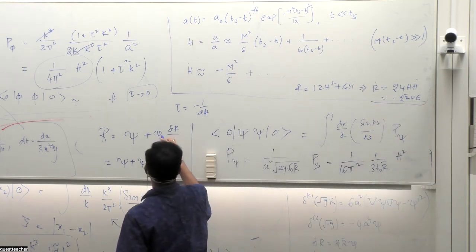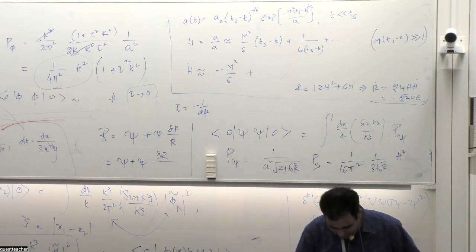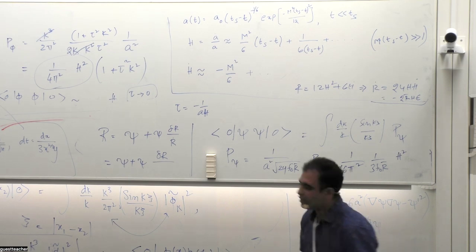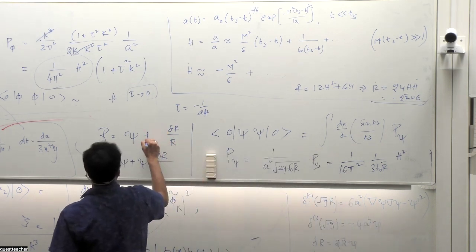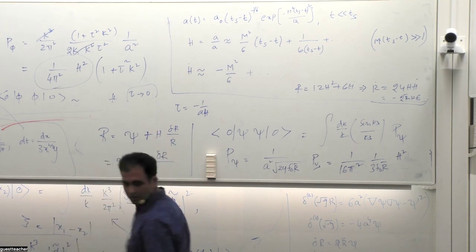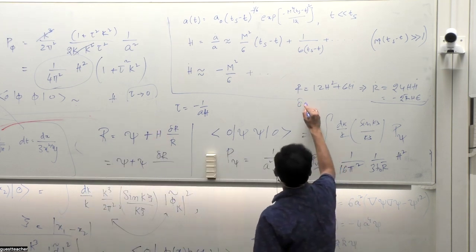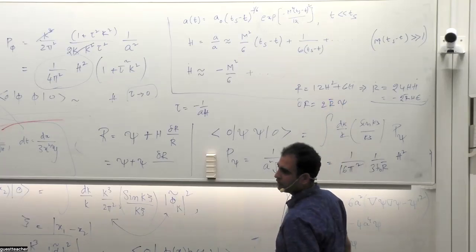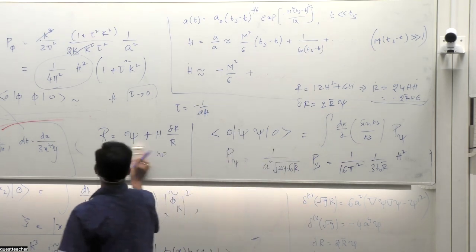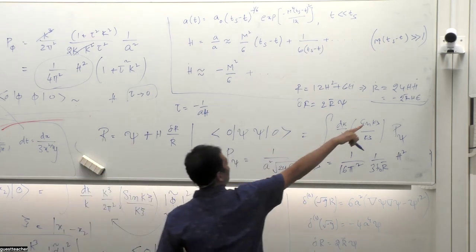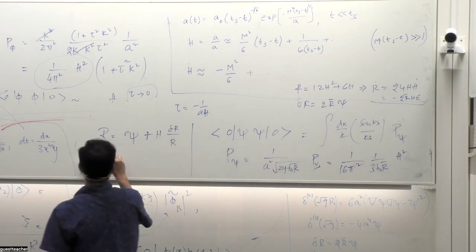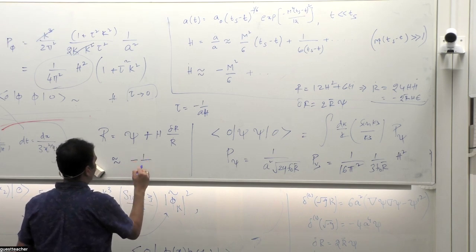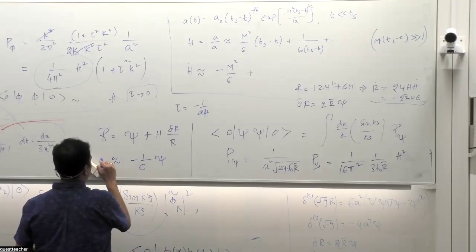Sorry, there should be an h somewhere here, H by R dot. So it's not psi, it's h. And for delta R, you remember we got a constraint equation. If you plug in everything here, in the approximation, because epsilon is huge and comes in the denominator, this is called the curvature perturbation, and it is approximately equal to minus 1 by epsilon psi.